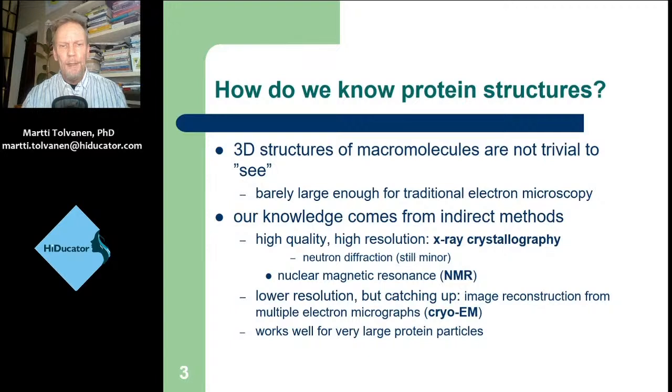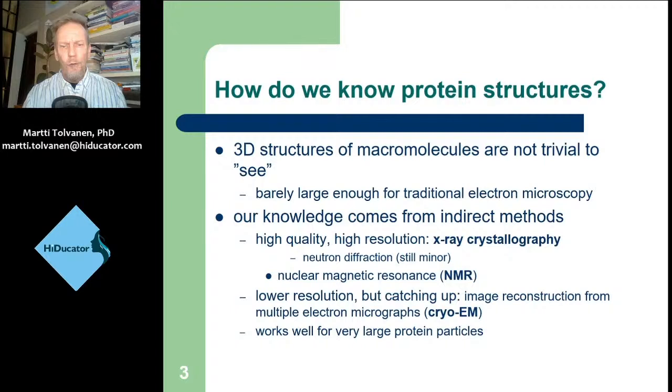The most common and best in terms of resolution is X-ray crystallography. There's also neutron diffraction, but there are not that many structures that we can see. There's NMR, nuclear magnetic resonance, that is quite commonly used for proteins, and then something that used to be a low resolution method but is now approaching atomic resolution.